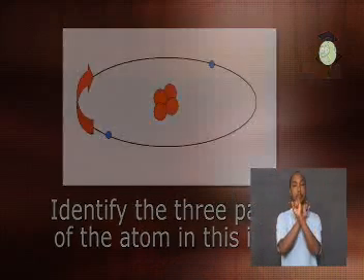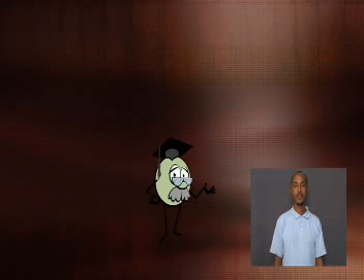Time's up. Let's get back to our lesson. Welcome back, everyone. Let us now label the image together to make sure we located the 3 constituent particles of the atom.